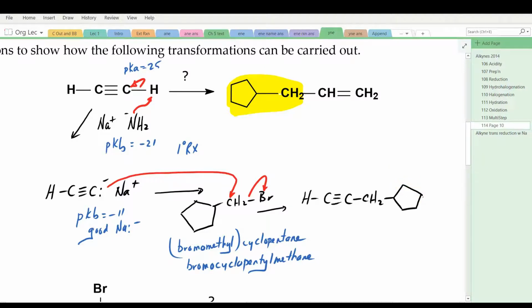Okay, and then it's simply a matter of partial reduction of the alkyne to the alkene, and again, either hydrogen on Lindlar or sodium in liquid ammonia. Since the stereochemistry of the product is not specified, it doesn't matter which one we use in this case.